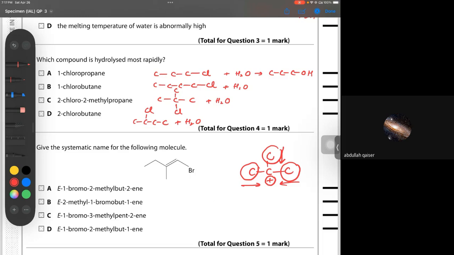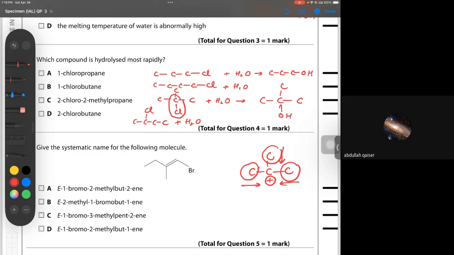It's going to weaken the carbon and chlorine bond. So it can be easily broken down and easily replaced by the incoming OH group. So it would easily form this compound, just like that.